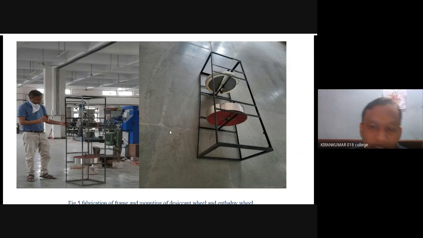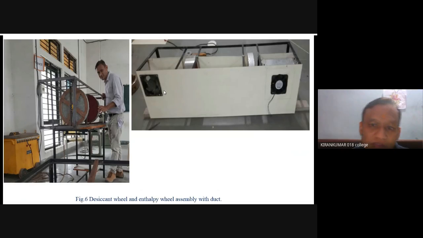In between there are two partitions. This is the partition section, prepared with a bakelite sheet, because bakelite has the highest thermal resistance, so that we can minimize the loss of heat during the condensation as well as the regeneration section.